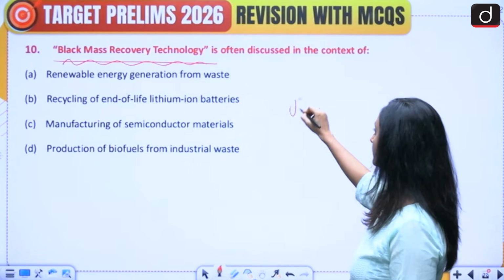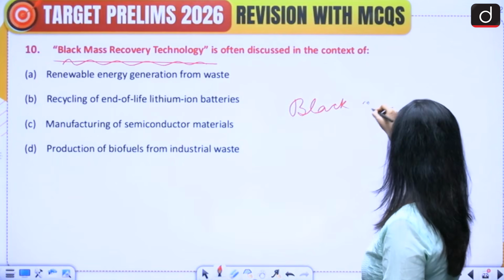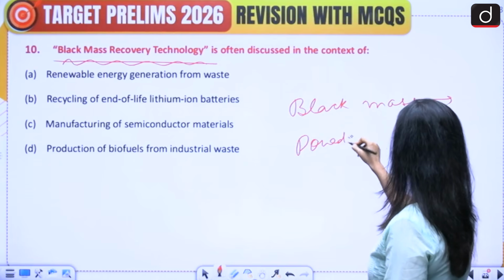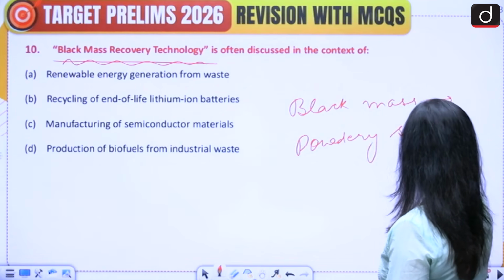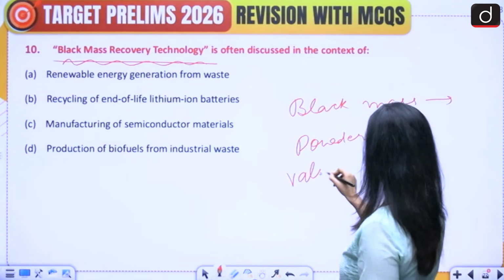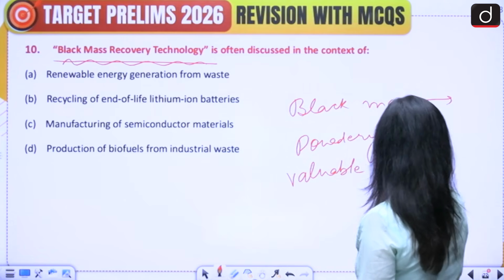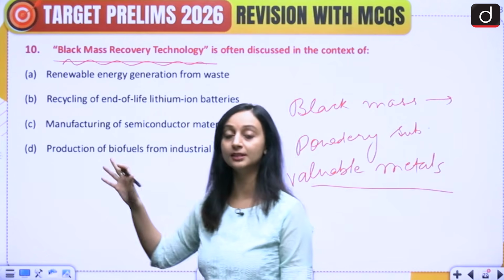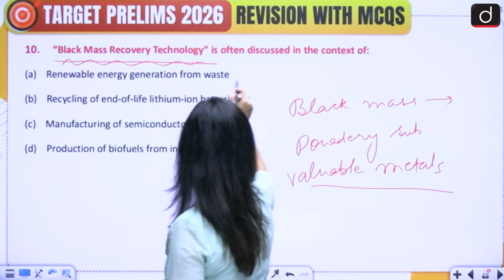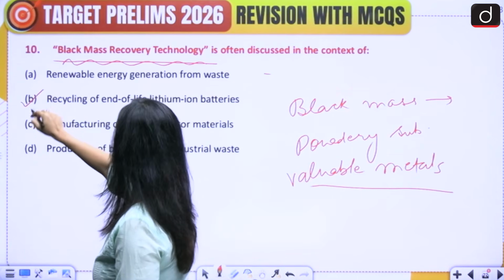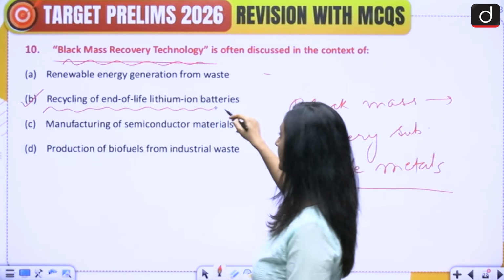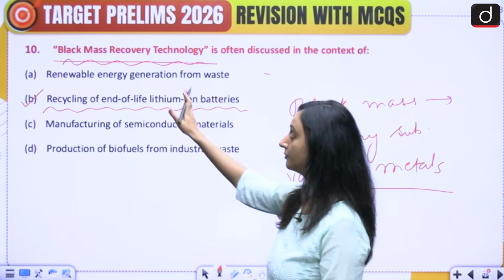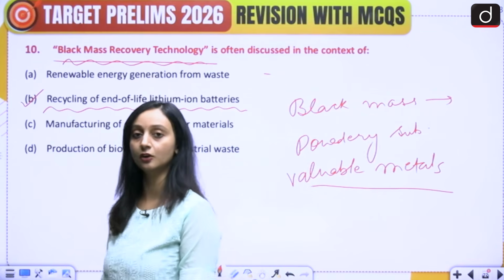So this black mass is the powdery substance which has all the valuable metals. So we want to recover the valuable metals from this black mass. So the correct answer would be option B, recycling of end of life lithium ion batteries. That is taken care of by the black mass recovery technology.